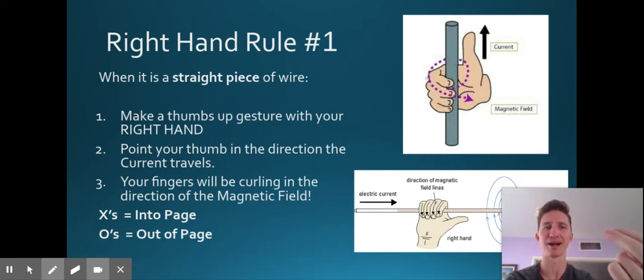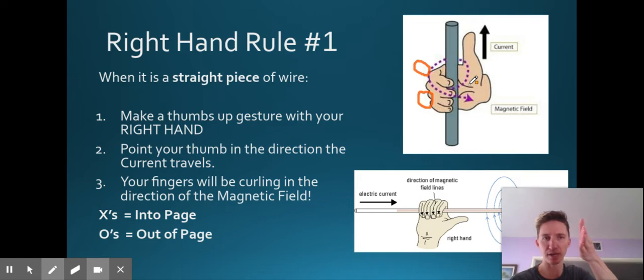I'm trying to make this match the camera. They're coming out of the page, and so out of the page, you would basically just draw an O. These are meant to be O's on a quiz. And on this side of the wire, you'll notice the fingers are going into the page, and going into, you would basically just draw X's.